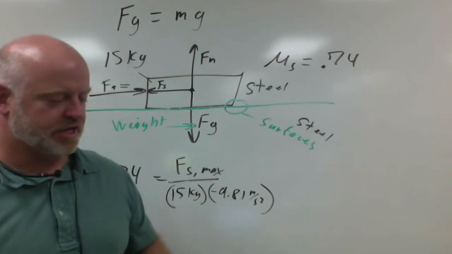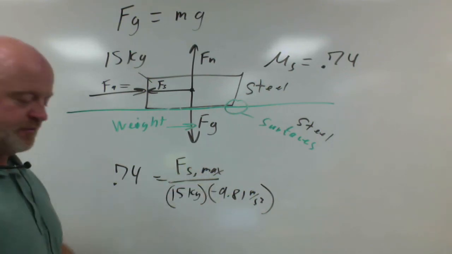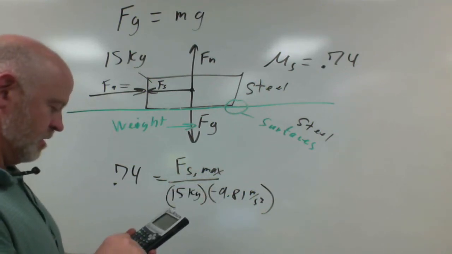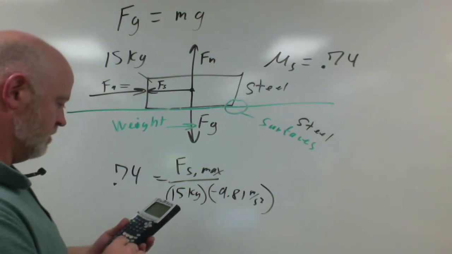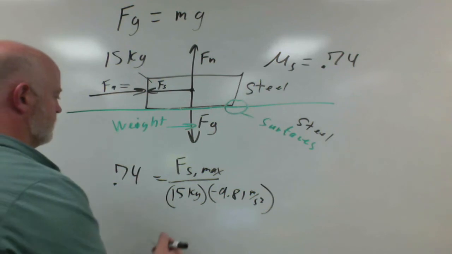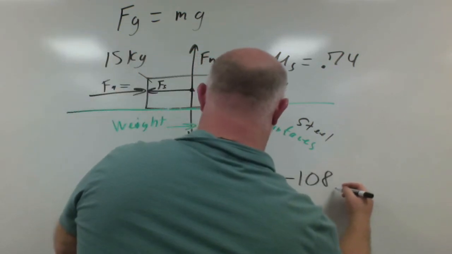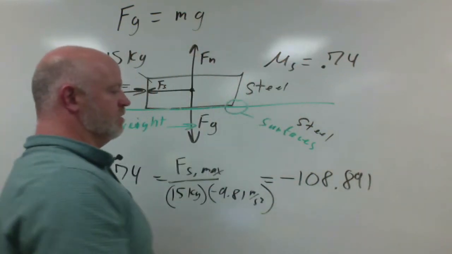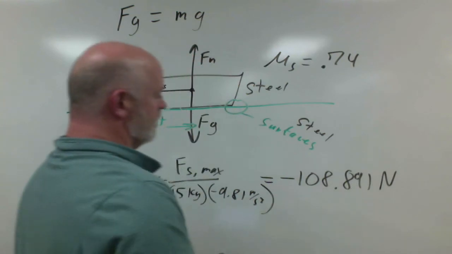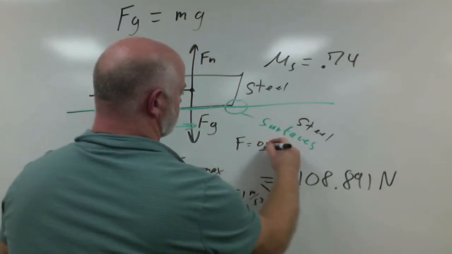Now we can solve it. I take 0.74 times 15 times negative 9.81, and I get a value of negative 108.891 newtons. It's negative because that's friction, which always opposes motion.